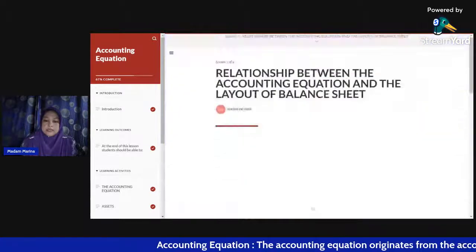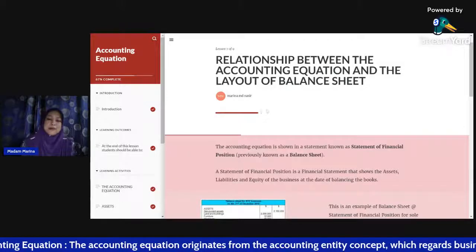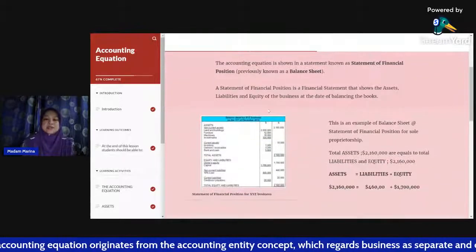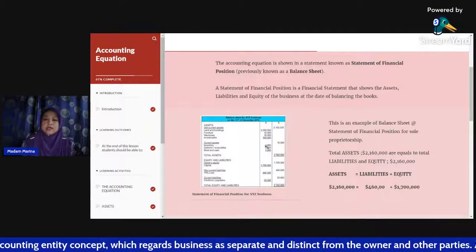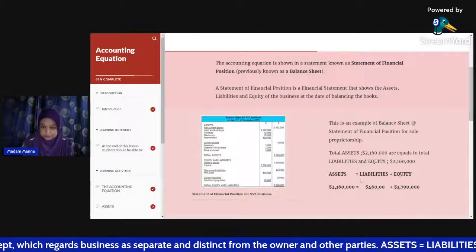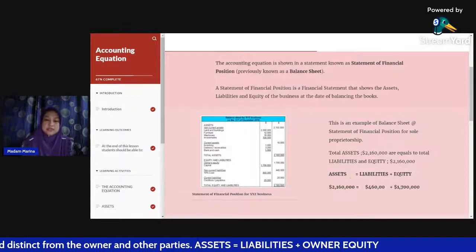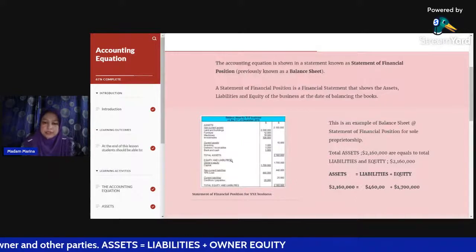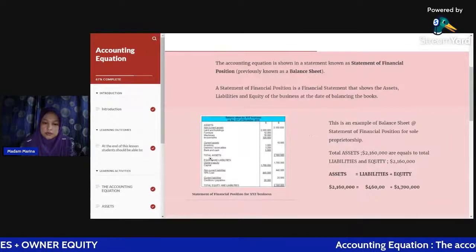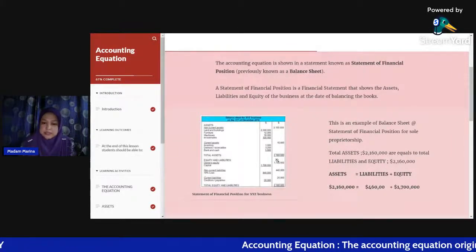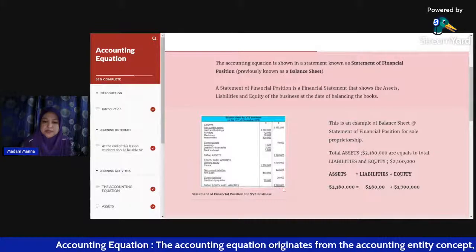All right. Okay, over to the last part: the relationship between the accounting equation and the layout of the balance sheet. What is the relationship? This is an example of the layout of the balance sheet in the picture, and beside the picture we have the accounting equation. When you zoom into the picture, the total asset is 2.16 million, and the total of equity and liability is 2.16 million also.